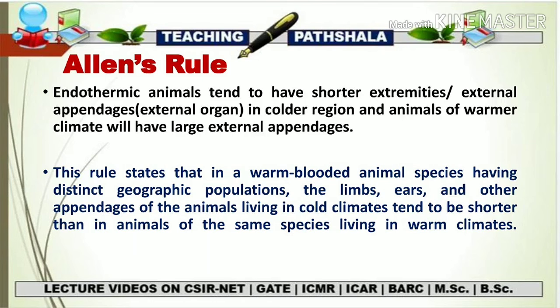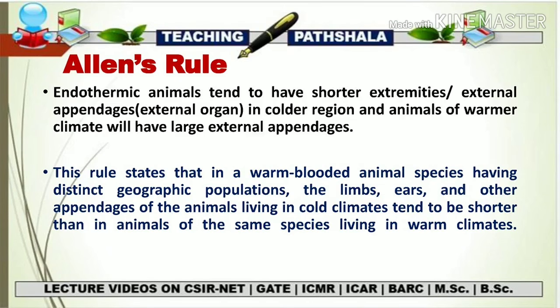That means animals living in colder areas will have shorter external organs like ears and tails as compared to those animals present in warmer climate. In simplified form, animals living in warmer regions have larger external organs, and animals living in colder areas have short external organs.